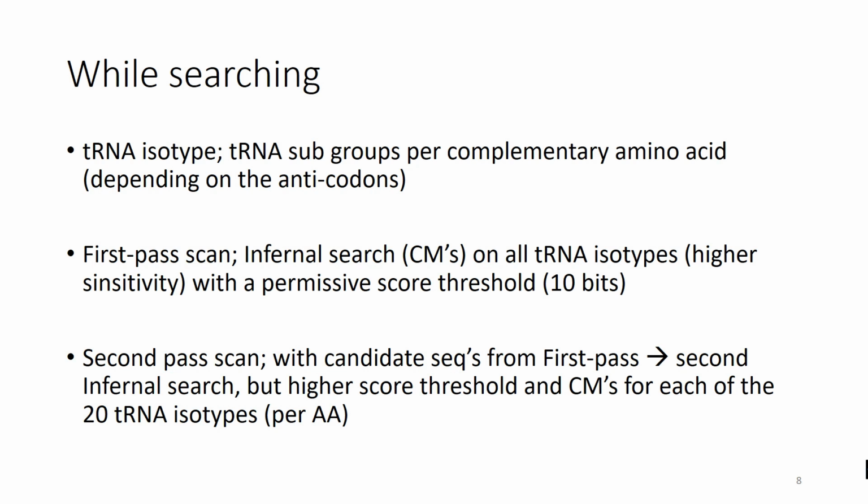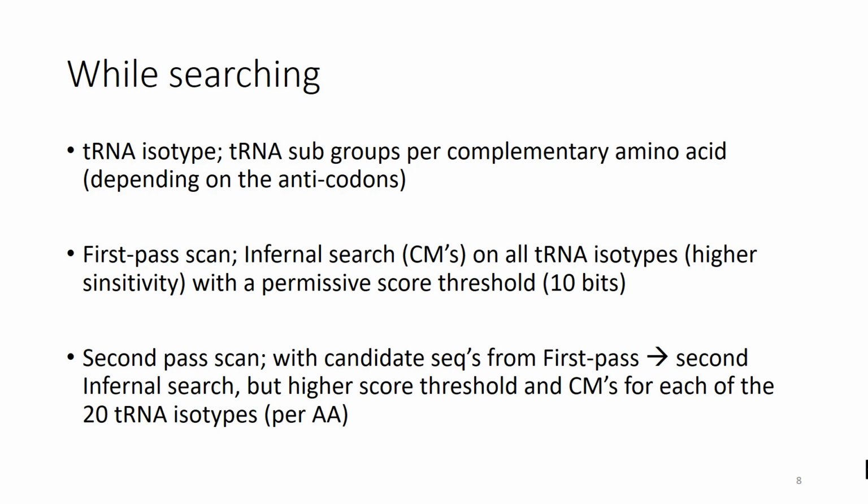While the search is going, there is an initial first pass scan and then a second pass scan. During the first pass scan, Infernal is used with a permissive score threshold of 10 bits in combination with a search model that traces all the tRNA isotypes in order to obtain high sensitivity.